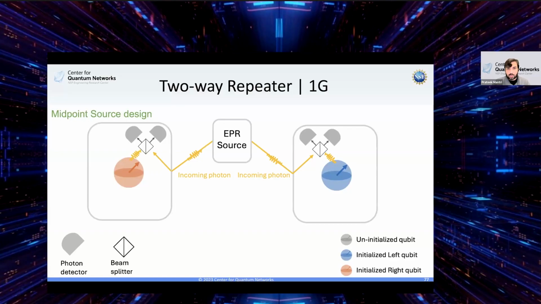We can also place an EPR source in the middle and then send photons to the two parties. And let's say we still have emissive memories on both of these. We then send photons from the emissive memories and then do Bell state measurement at both of these stations, effectively creating an entanglement between this memory and the other memory.